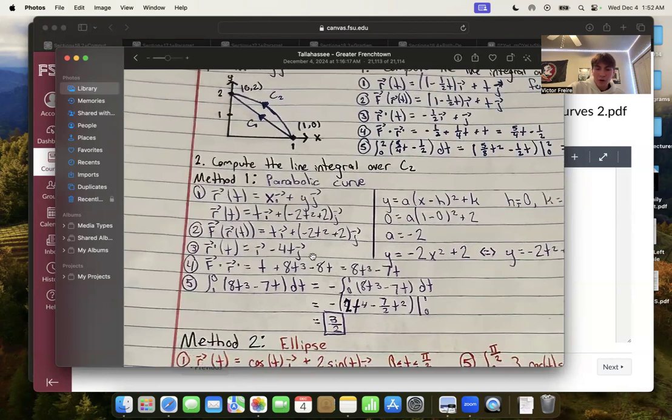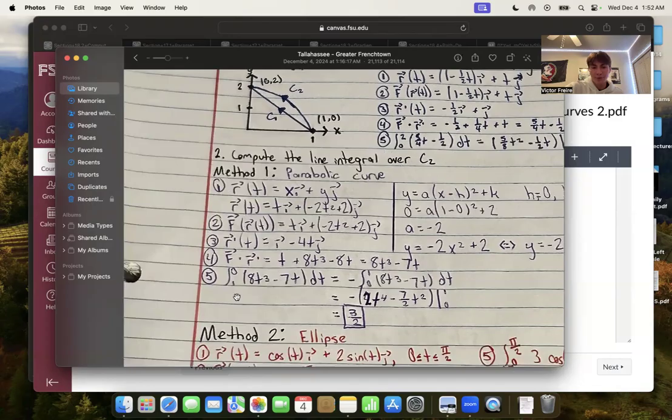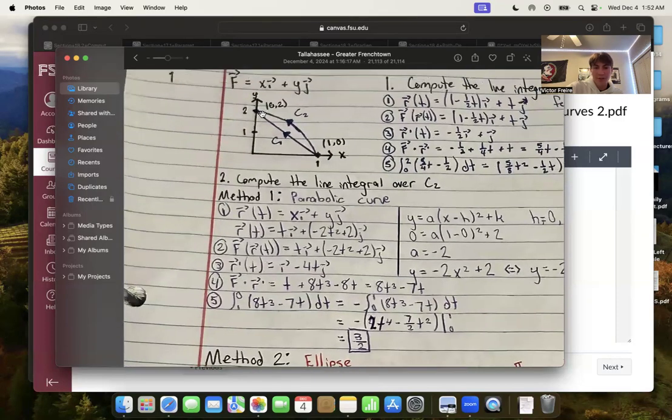So instead, what we're going to want to do here is specify that we want to integrate from 1 to 0 instead of from 0 to 1. So just remember, specify here, integrate from 1 to 0 in order to move in that direction right there.